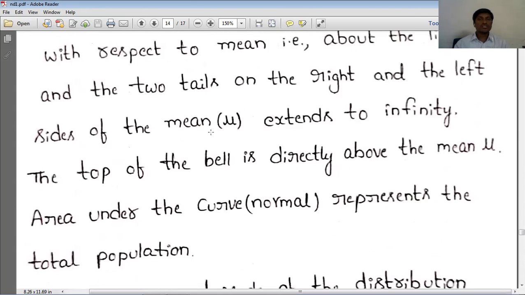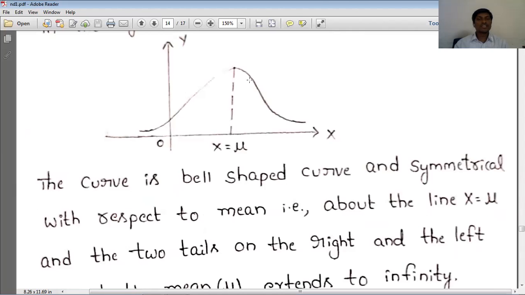Here this is the x-axis, and the curve extends to infinity. If it extends to infinity, it may touch that line. That is what we call an asymptote: the x-axis is the asymptote to the curve.